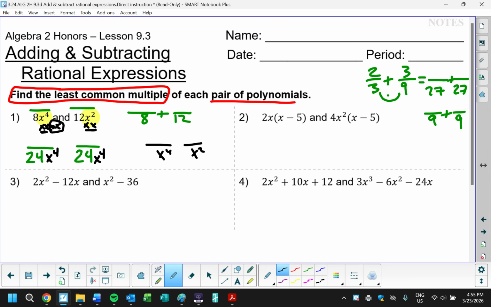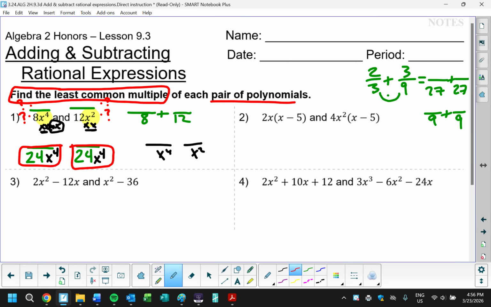You could see very quickly that you could change both of those into x to the 4ths. So in this case, the least common multiple of 8x to the 4th and 12x squared is going to be 24x to the 4th. And later on, we're going to ask what we would have to multiply the numerator and, being fair, the denominator by to get that 24x to the 4th.